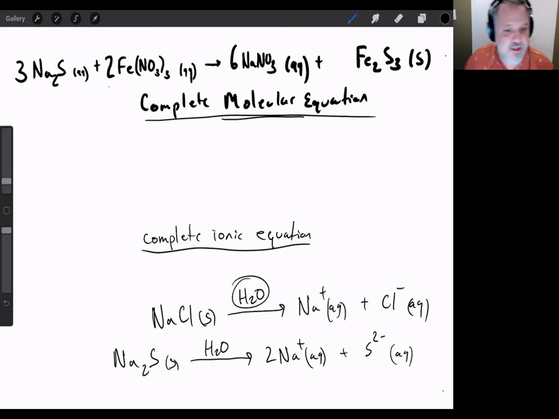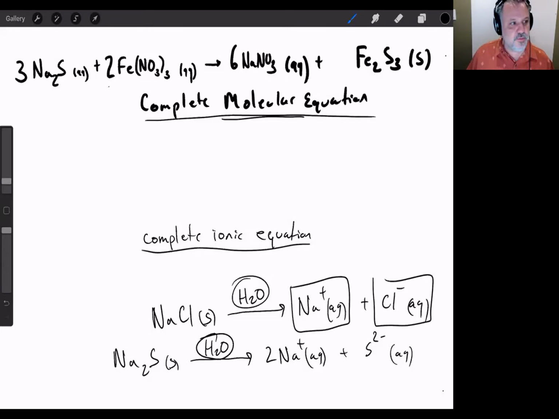So what I was talking about, and what you see written at the bottom of the screen as if it magically appeared, is the formulas, the equations representing taking a solid and dissolving it in water. So if I take an ionic compound and dissolve it in water, then the individual ions themselves become solubilized and they are actually aqueous.